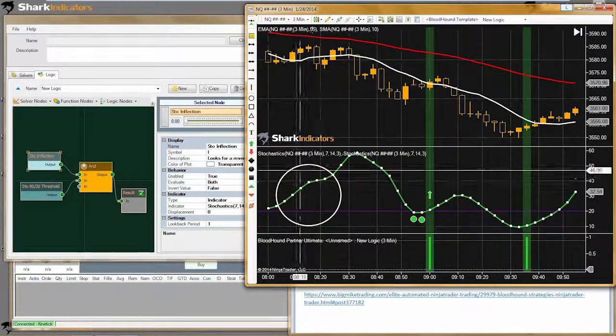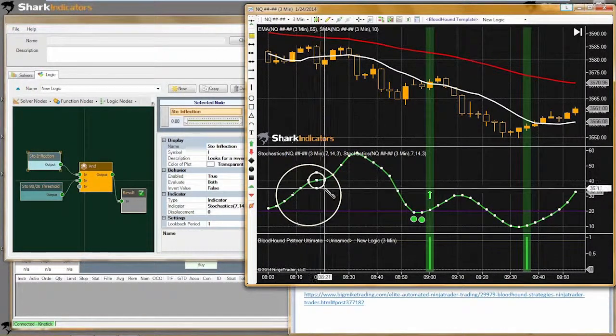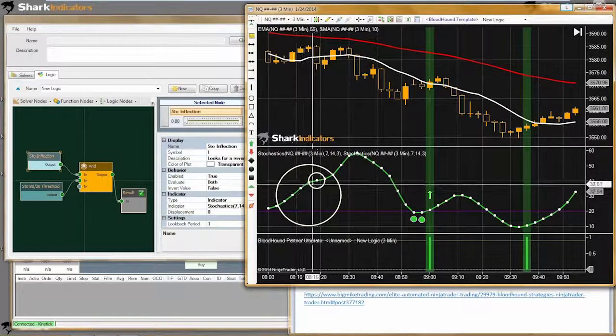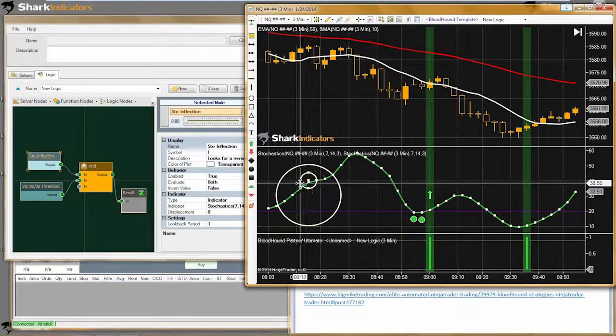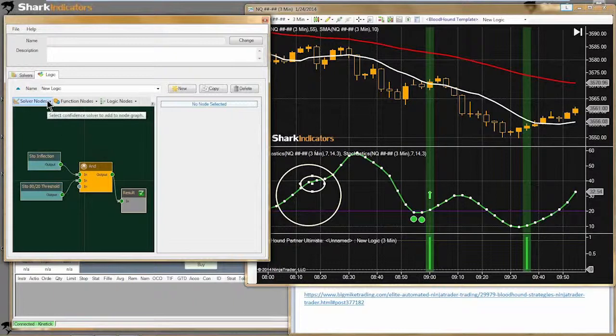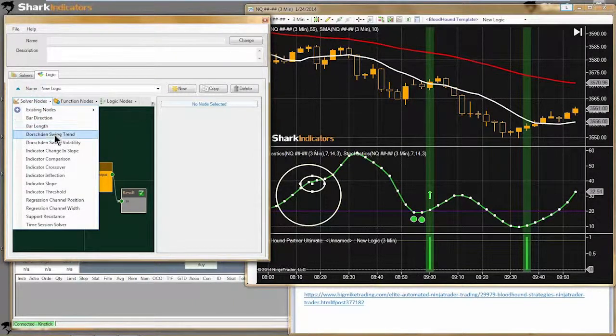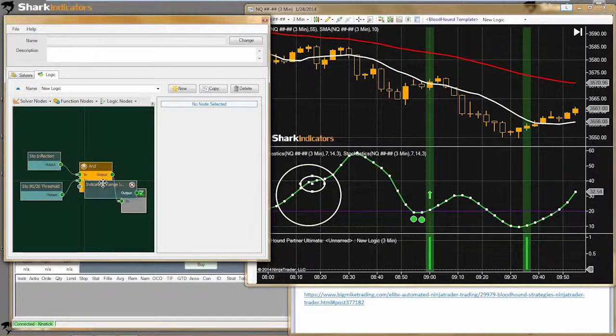Even these two bars here are rising, but just not at as steep of an angle. So this is the same thing. It'll find the same thing. So yes, the answer to that is we do. That is what the change in slope solver does.